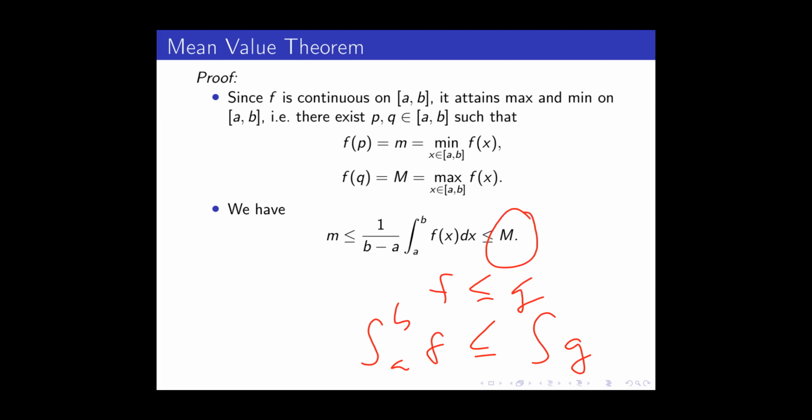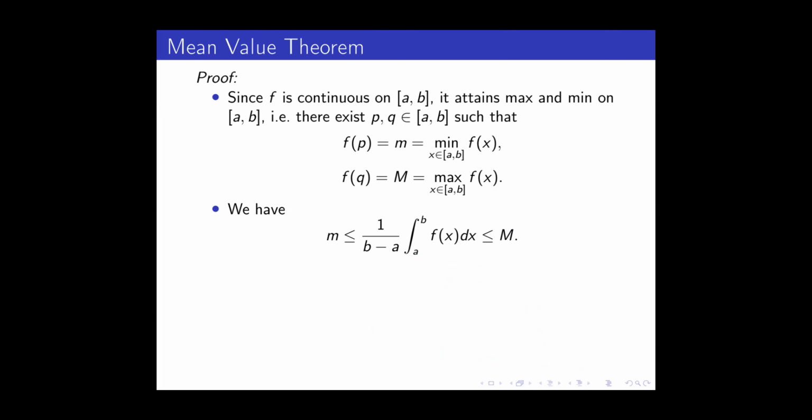Then the integral is the constant times b minus a. Then you divide by b minus a, and you get exactly this part of the inequality. And similarly, you get this part. So what is said here is that the average value of the function on an interval a b lies between the minimum and maximum of the function f on the same interval.